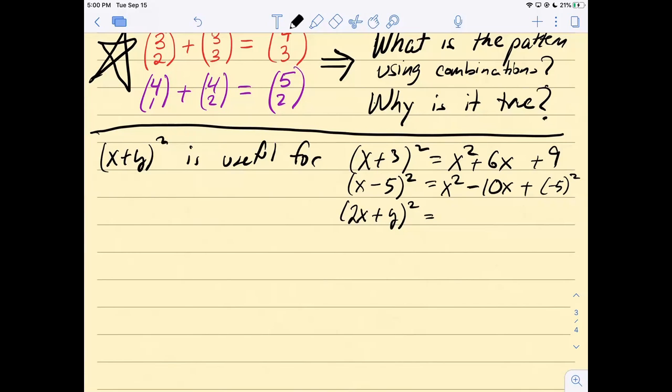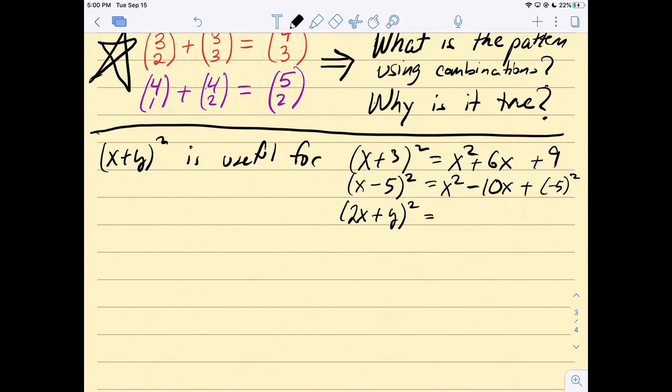What is it going to be? How does this last expression expand?